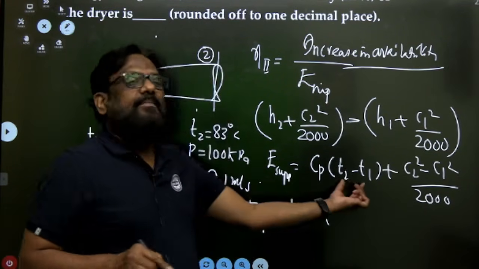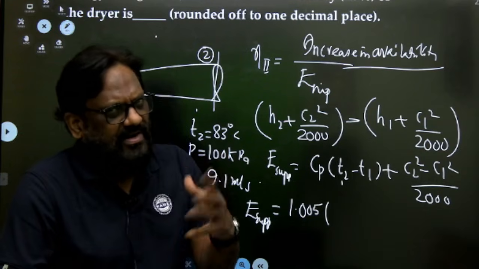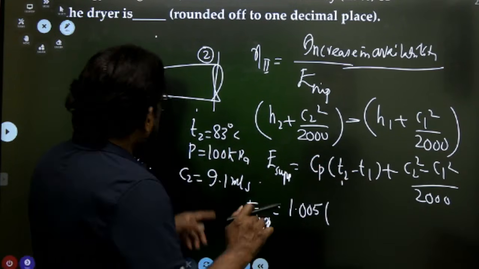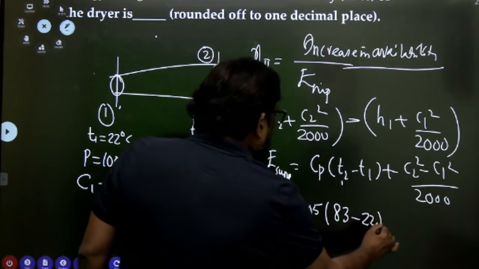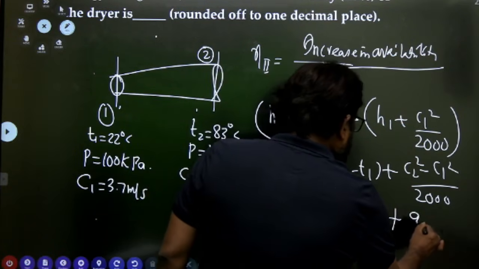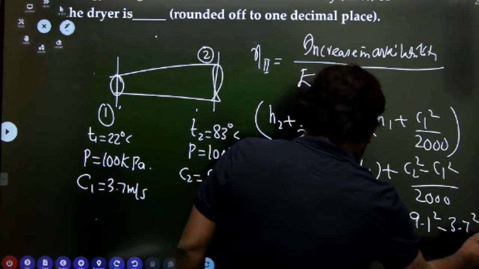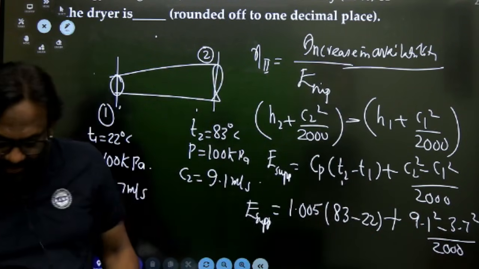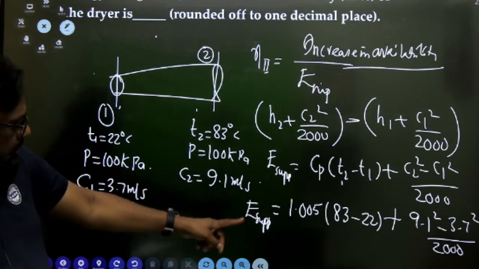Whenever it is a difference of temperature, it doesn't matter whether it is in Kelvin or degree centigrade, no difference sir. If you want, convert both to Kelvin, the difference will be the same. So T2 is 83 and T1 is 22, plus C2 square is 9.1 square minus C1 square is 3.7 square, by 2000. It will be in kilojoule per kg. Let's see how much is coming, sir. 1.005, 9.1 square.